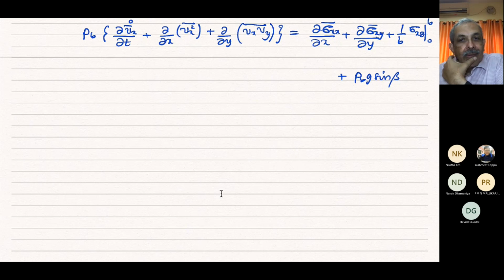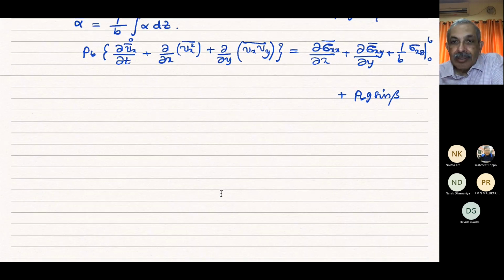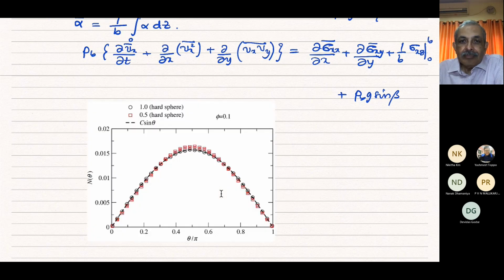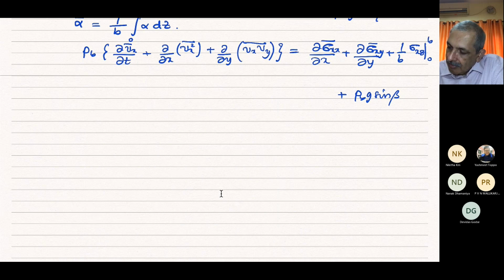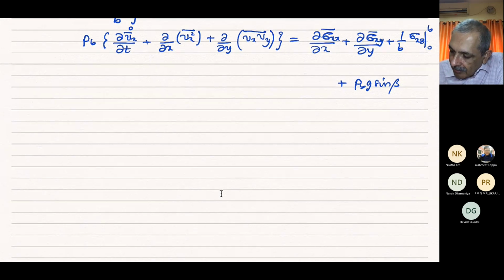Now, at 0, tau xz is 0, and at B it's equal to minus mu w sigma zz. If we put that in, we will get the result. I'm going to just write down the right hand side.